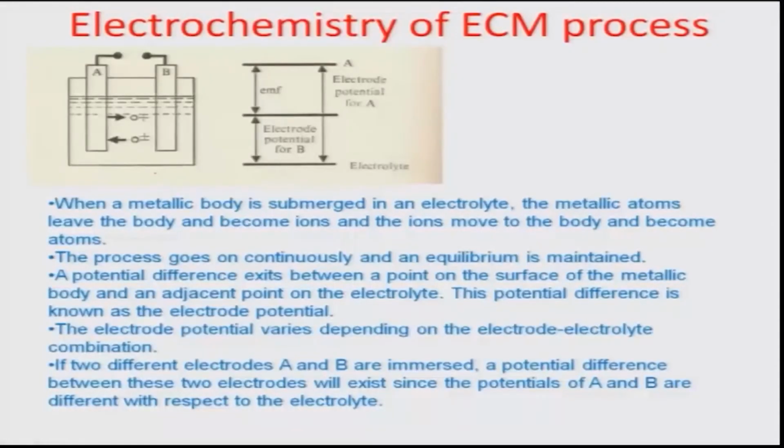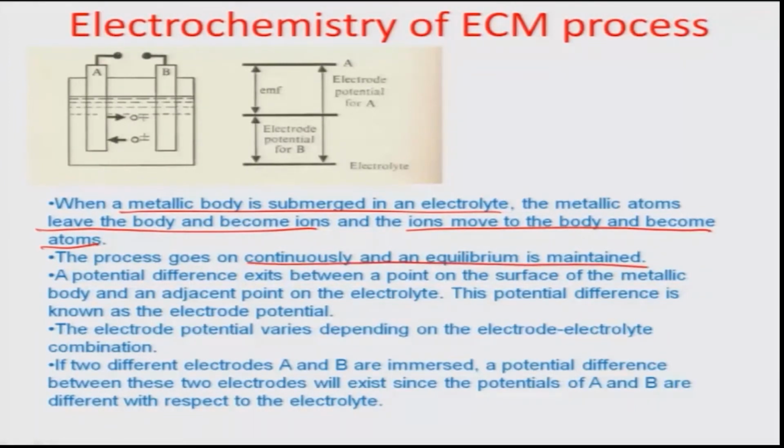So generally in ECM electrochemistry, when a metallic body is submerged in an electrolyte, the metallic atoms leave the body and become ions, and the ions move to the body and become atoms. So the process goes on continuously and an equilibrium is maintained, and a potential difference exists between a point on the surface of the metallic body and an adjacent point in the electrolyte.